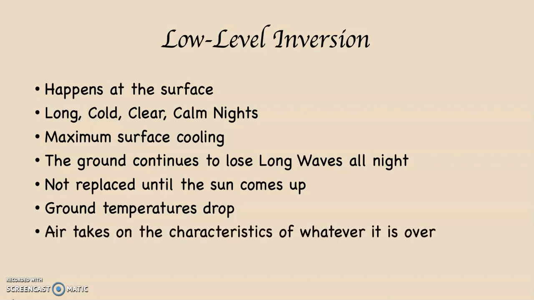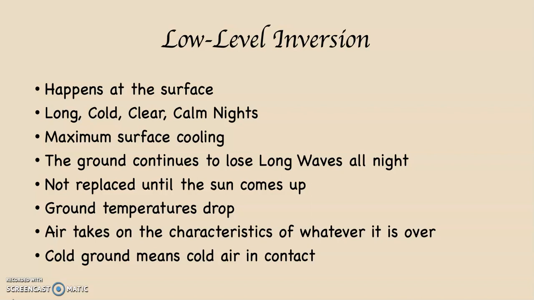The air, our atmosphere, takes on the characteristics of whatever it's over, which means that if the air is lying over the top of something warm, it gets warm. If the air is lying over the top of something cold, the air will become cold. Cold ground means cold air in contact with that ground. But it's just the air in contact.